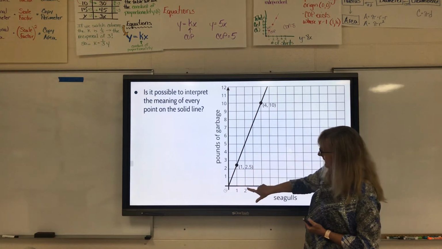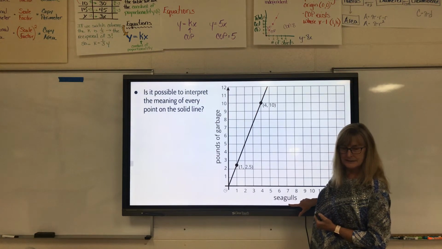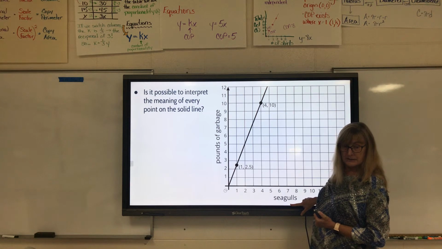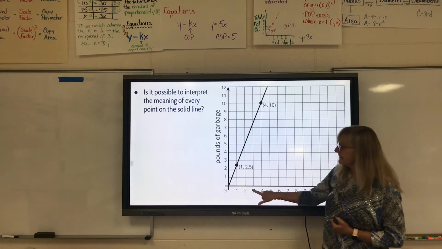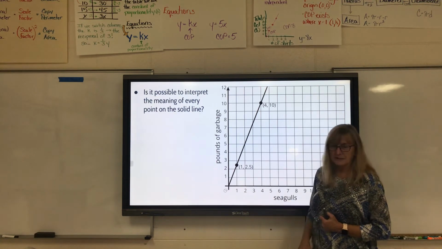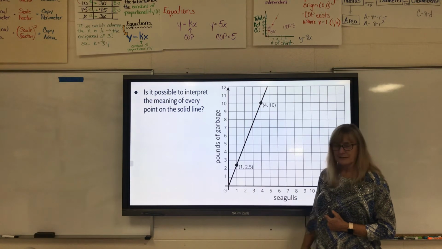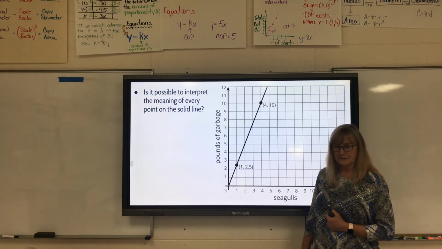Well, what is on the x-axis? Seagulls. Can you have 1.5 seagulls? No. Can you have 2.5 seagulls? No. Can you have 10 1/4 seagulls?